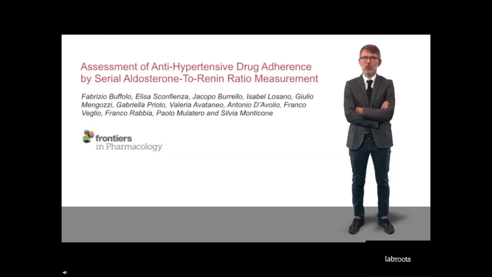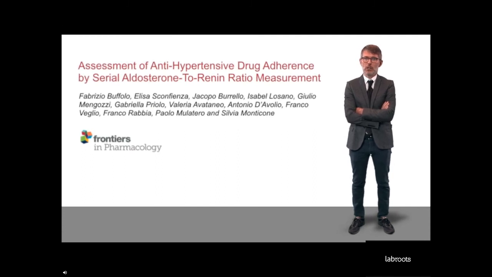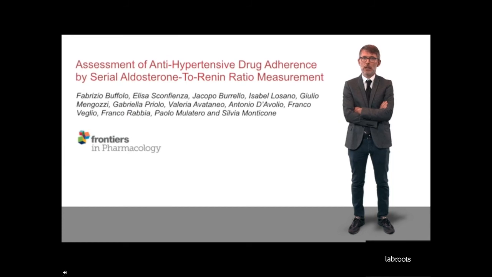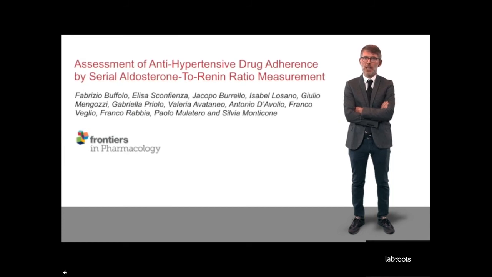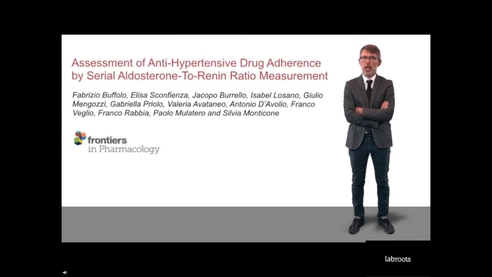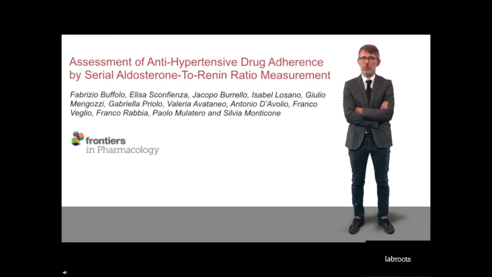In this second part of the seminar, we discussed new applications of the aldosterone-renin measurement. This hormone could be used to address the ideal therapy of our patient with essential hypertension and also to evaluate their adherence to drug therapy.